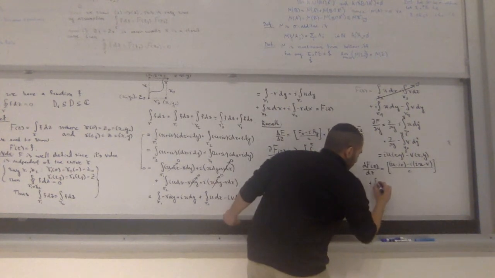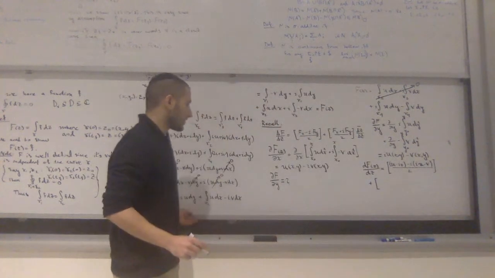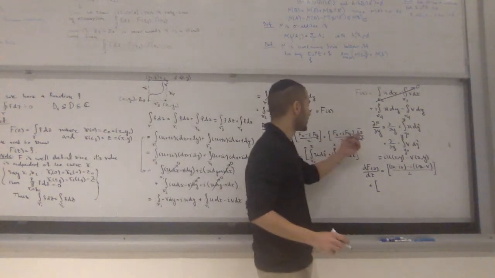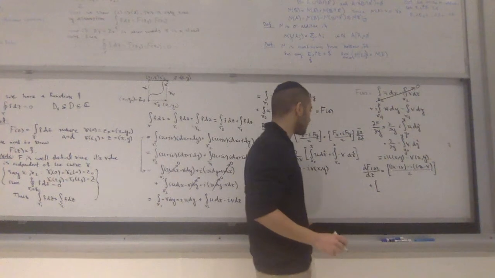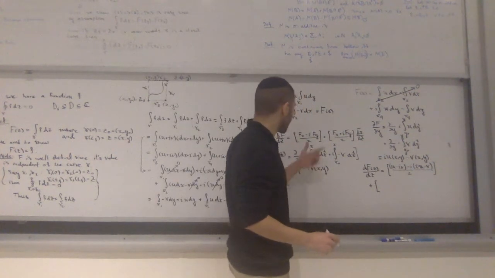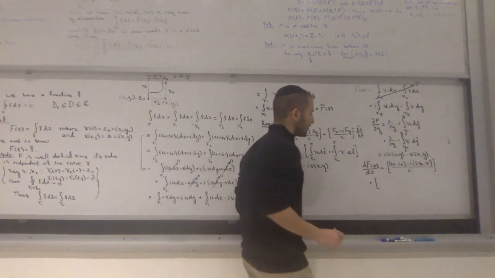Plus, and this term better be 0 because it's the coefficient of dz bar over dz, which must be 0. And so what do we write? It's f sub x plus i f sub y over 2.